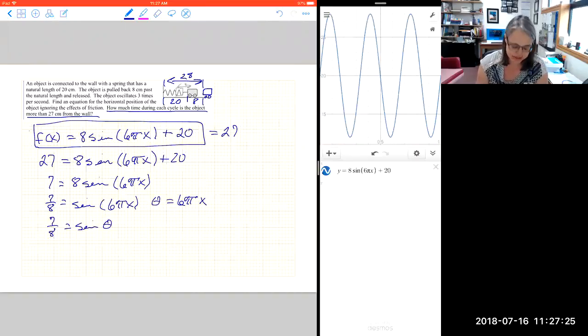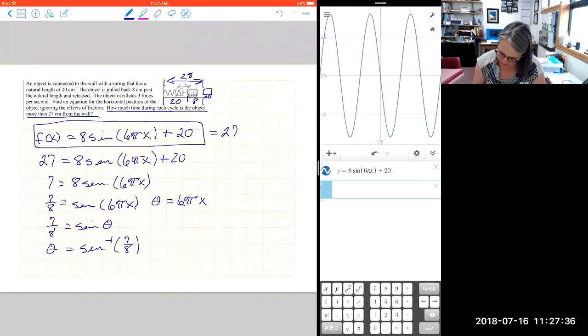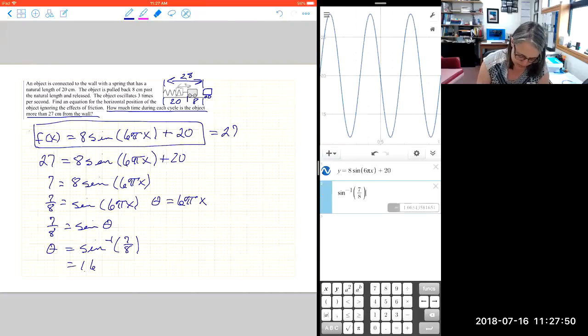Take the inverse sine of both sides of that equation, and we get theta equals inverse sine of 7/8, which Desmos will tell me is 1.065. That's my first theta.